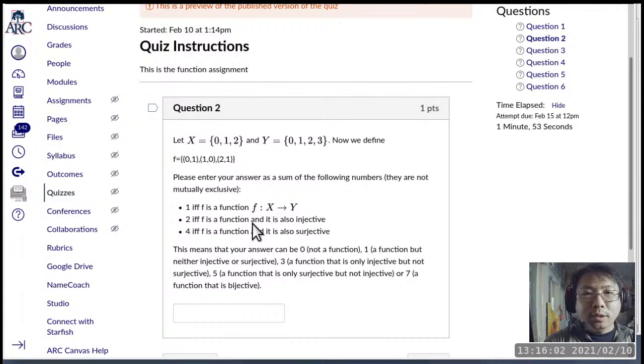And now we want to see whether it is injective, which means are they all mapping to unique values in the codomain, and they're not unique because we can see 0 maps to 1, 2 also maps to 1, so it is not injective. And we want to see if it is surjective, and we can definitely see it's not surjective. There's no way it can be surjective because x has fewer elements than y. That is why it cannot possibly be surjective. So that means the answer to this one should be a 1.